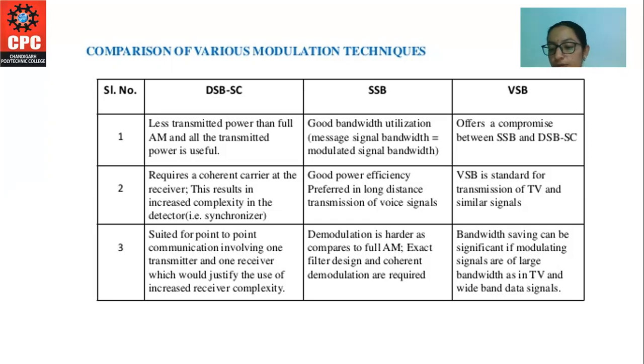On the other hand, VSB offers a compromise between the SSB and DSBSC signals. Bandwidth saving can be significant if modulating signals have large bandwidth, as in TV and wideband data signals.